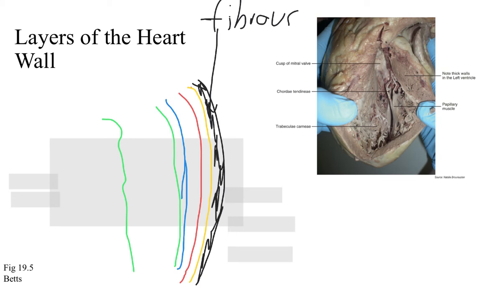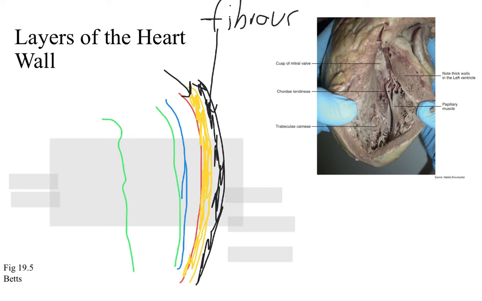All right. The second area would be our parietal pericardium. All right. Remember, that's on the underside of the fibrous pericardium. All right, and it's connected to basically the outside of the heart, the walls of the mediastinum.